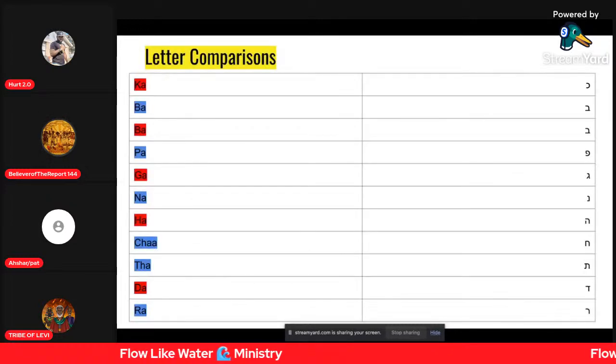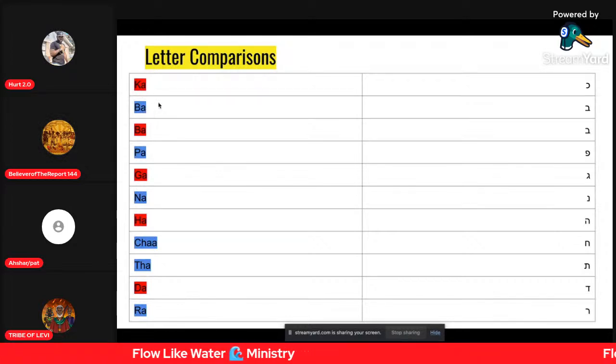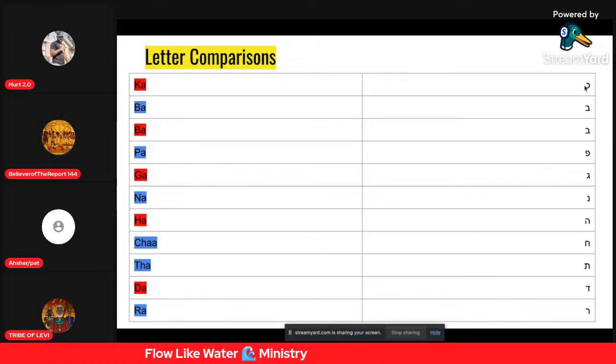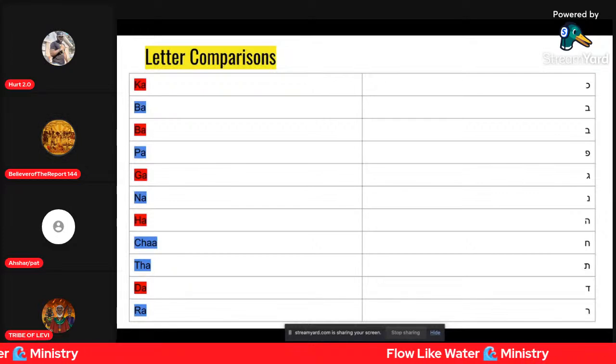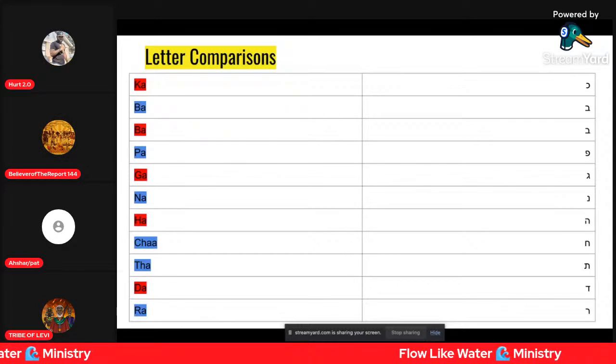So we can see here we have the kaf or the ka in red, and then the bayath or the ba in blue, and right here you don't see the similarity as much, but when you look at how the Hebrew text is written within the scriptures, like if you go to Blue Letter or Bible Hub or any other platform that shows the Hebrew text, they will look the same.